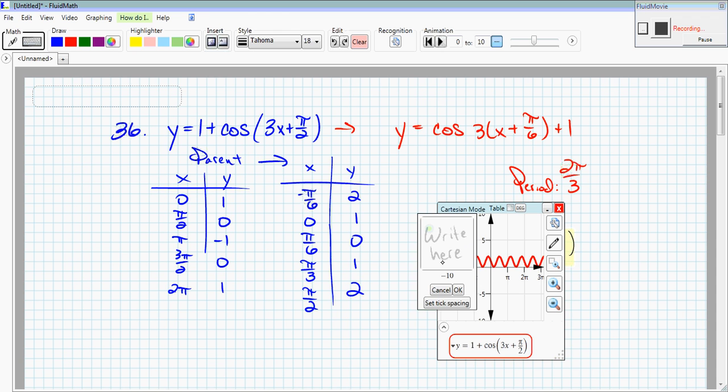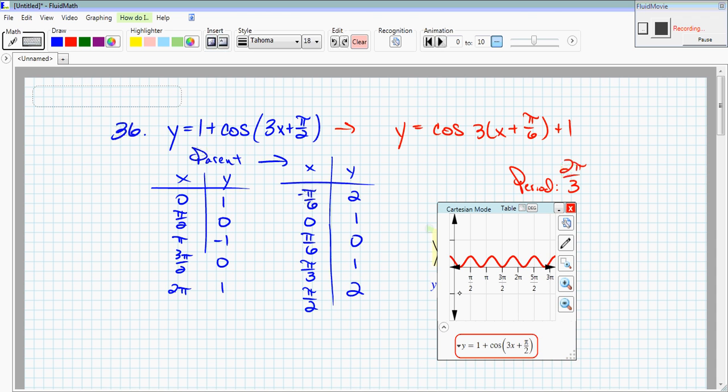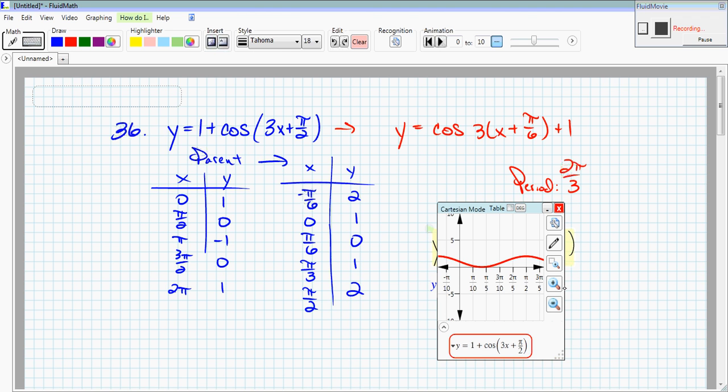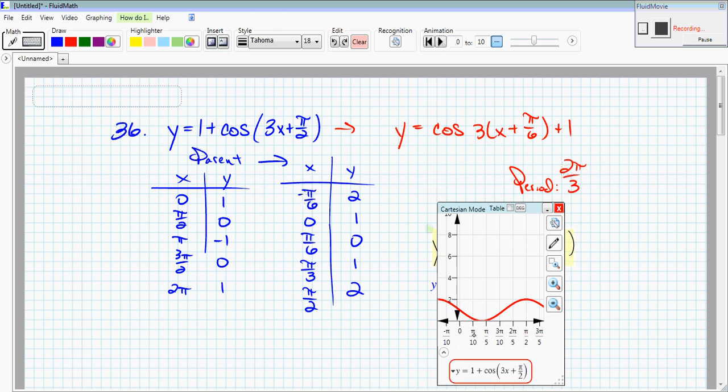Okay, so when we change our window here, negative pi over 6, okay. Here, we're going to go to pi over 2. We should see 1 full cycle, okay, which we do. In terms of the y, we're going to drop down to 0, okay. The highest we need is 2, okay.